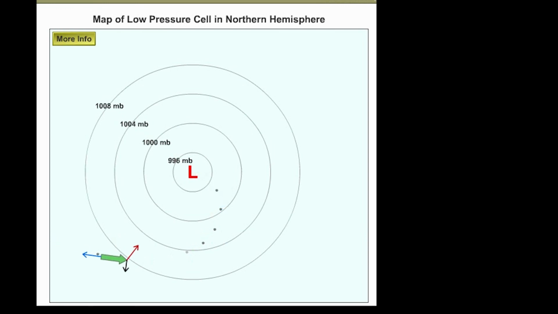So the net effect is that the air does make it towards the center of that low pressure cell, this time in an anti-clockwise direction. Again, that's in the northern hemisphere; in the southern hemisphere, the directions would be different. All right, so that's why wind moves and why we get those particular patterns we see on the weather report each night.